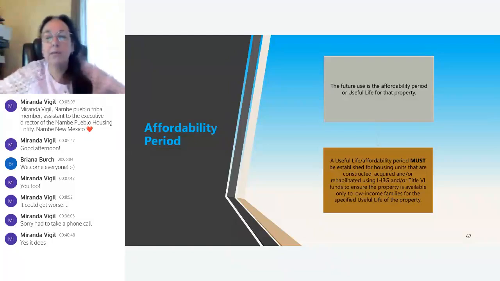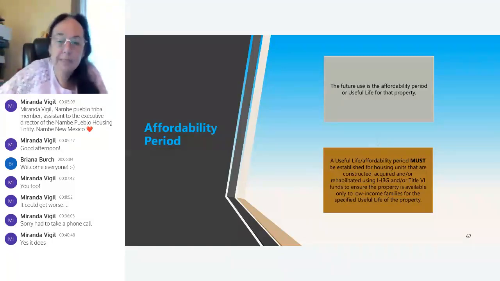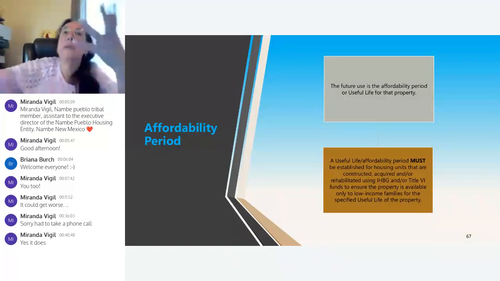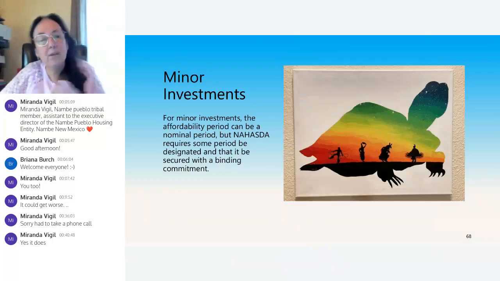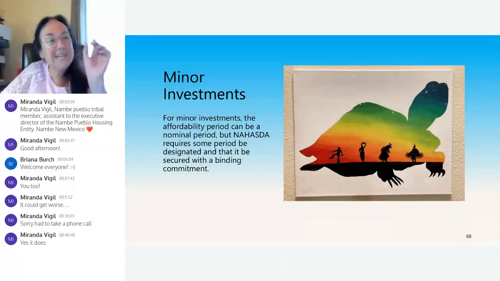That affordability period has to be established for your housing units constructed, acquired, or rehabbed, to make sure that a low-income person benefits if you do sell that property. For minor investments, the affordability period can be a nominal period, but NAHASDA requires that some period be designated and then secured with a binding commitment.